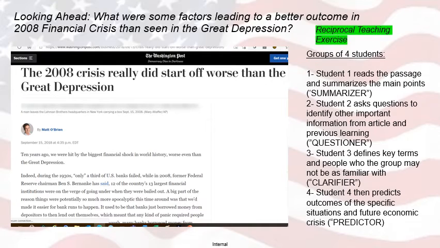And so we may either just ask the predictor to predict how they thought based on what's in the article, or also look towards future economic crises. And hopefully that would be a good exercise that not only helps drive forth lessons learned on the Depression, but also goes ahead and applies it in terms of how it's important going forward in their lives.